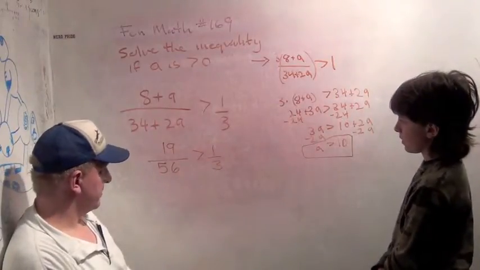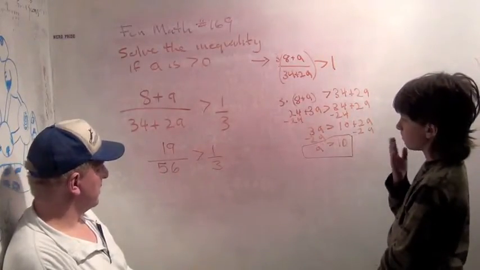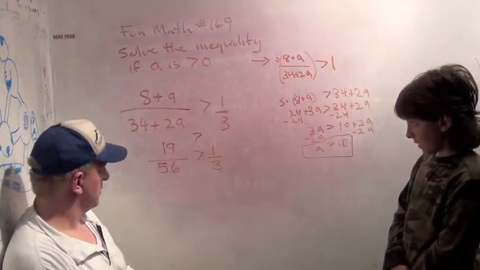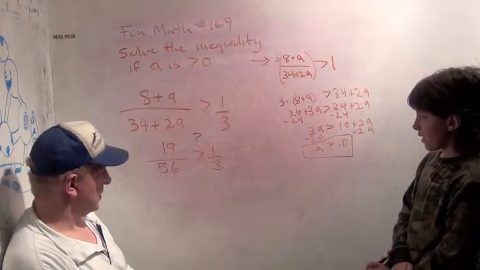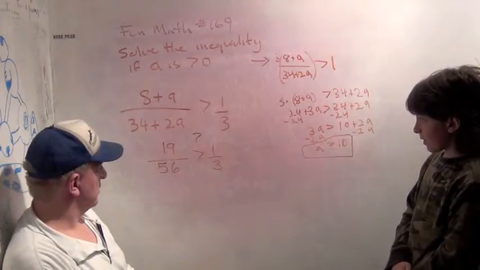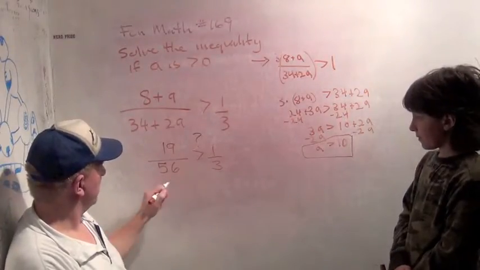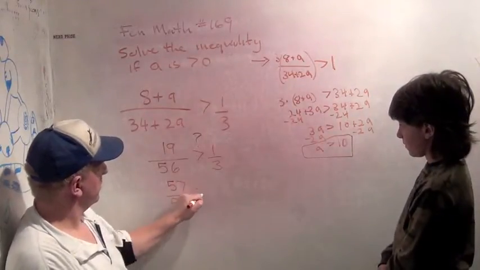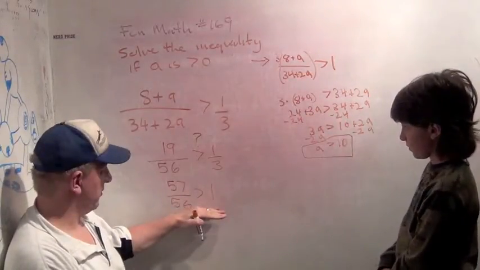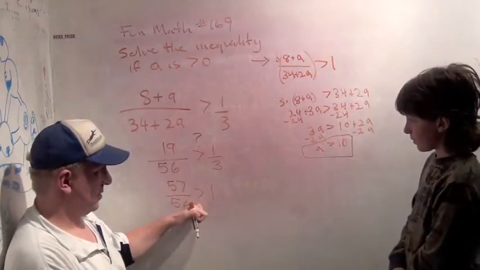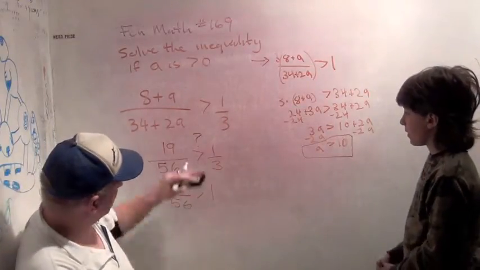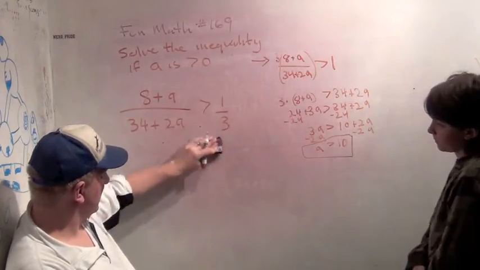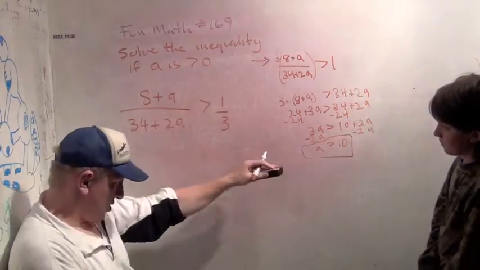How could we check that? Well, 19 times 3 is 57. If we multiply both sides by 3, we get 57 over 56 is greater than 1. Is this true? Yes. So 11 works, which gives us some confidence that a greater than 10 should work.